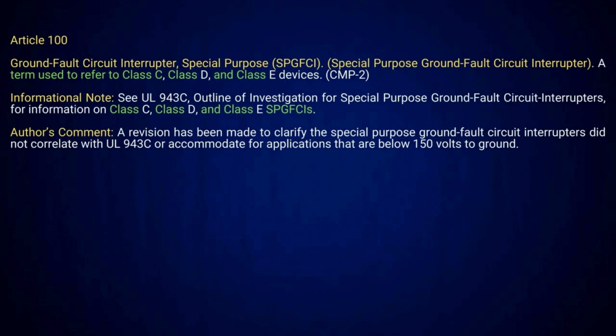The reason they made a revision to this definition is they wanted to clarify that these special purpose GFCIs do not correlate with UL standard 943C or accommodate applications below 150 volts to ground. So there's a clarification taking place here.